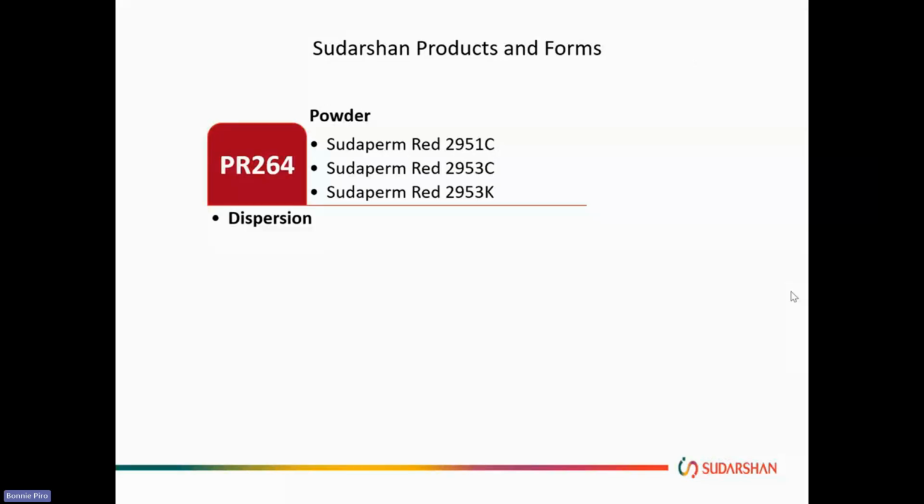We have a couple of options in this chemistry available in the powder form. These are key products, especially on the automotive side, and also from a coatings perspective, but also in the plastics area on the automotive side. These do tend to show up a lot for these properties.